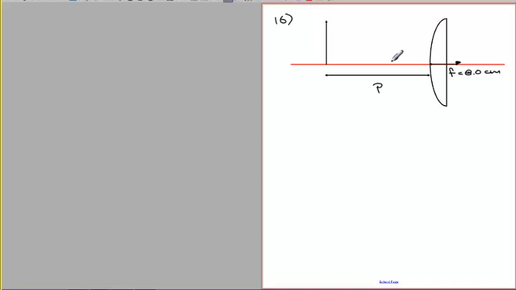If the image is virtual, what is the object location for which the magnitude of the image is 1/3 the magnitude? Okay, so if we have a virtual image, it's going to be over here. And what we're saying is that Q is equal to 1/3 P.